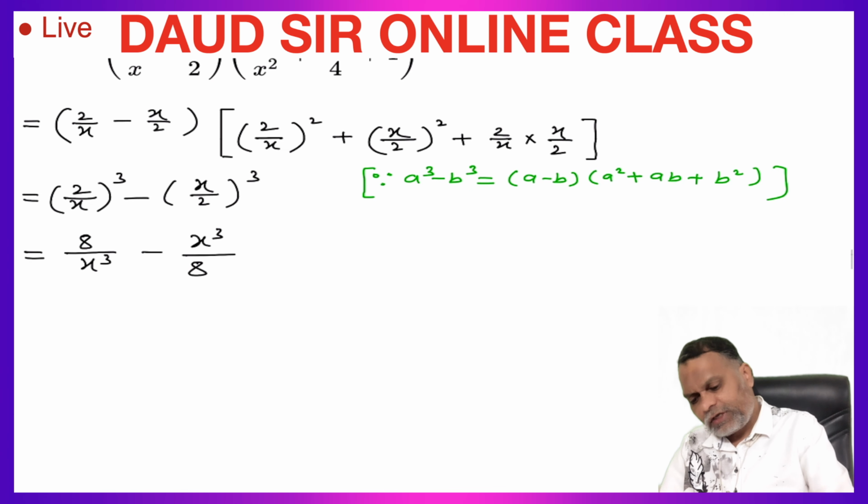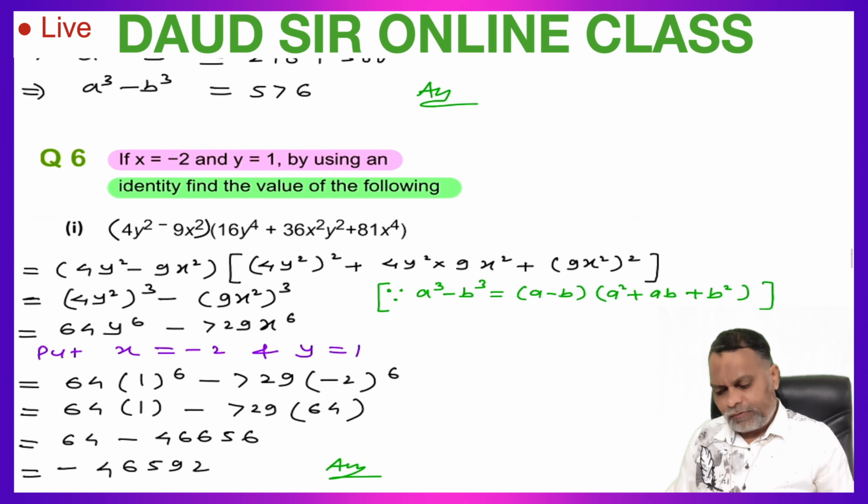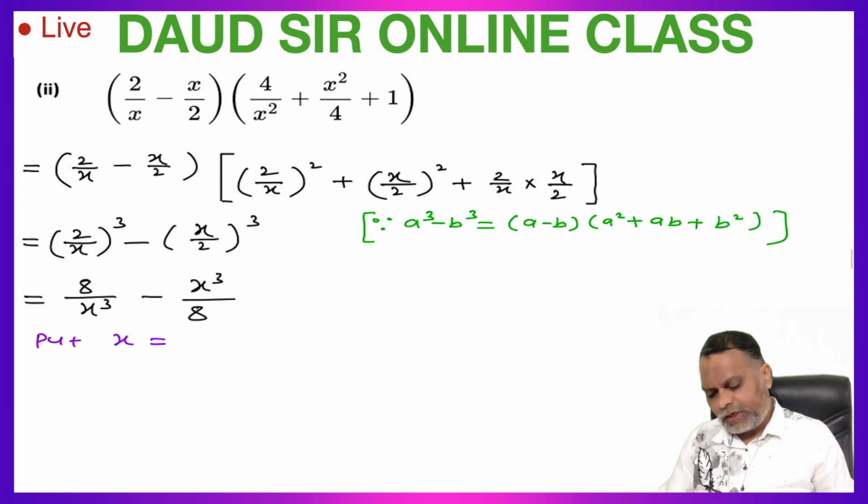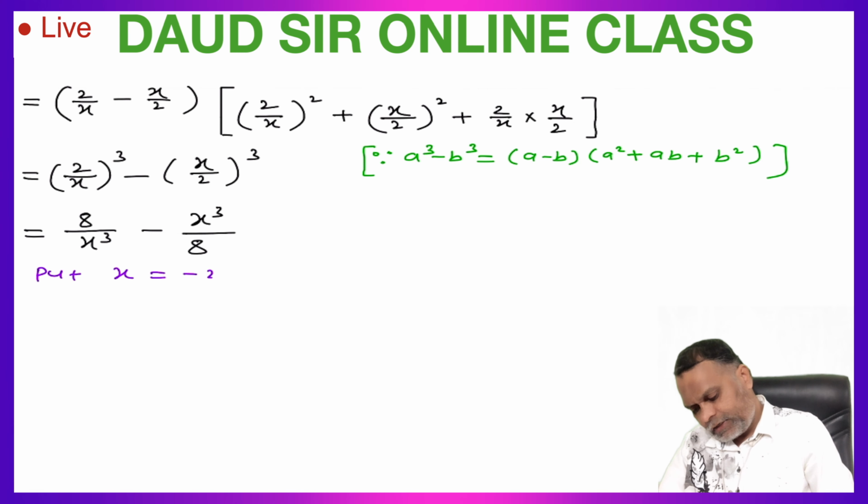Now we can substitute the given values. Put x is equal to minus 2 and y is equal to 1. It is given in question.